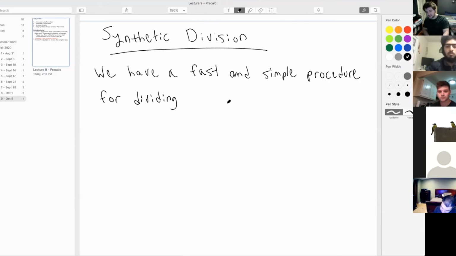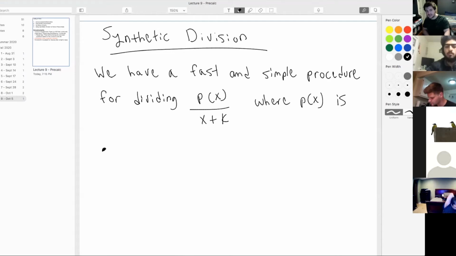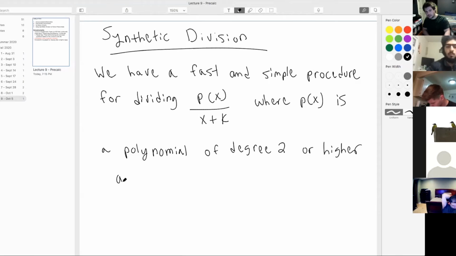It's only applicable for a special form, P of x over x plus k, where P of x is a polynomial of degree 2 or higher, and k is just some real number.